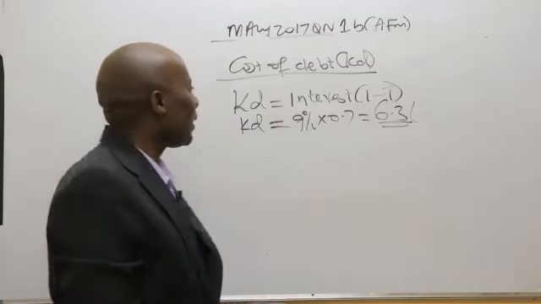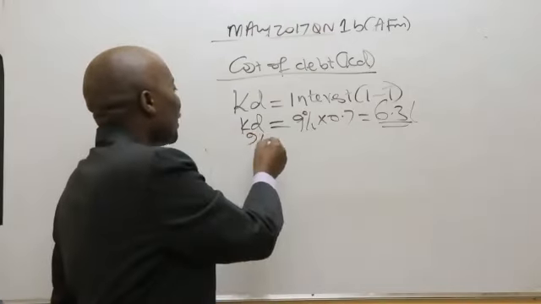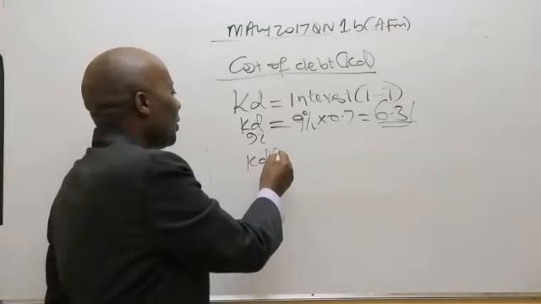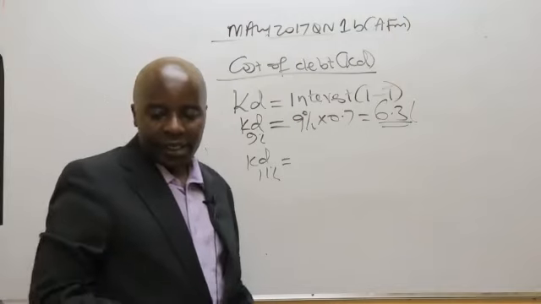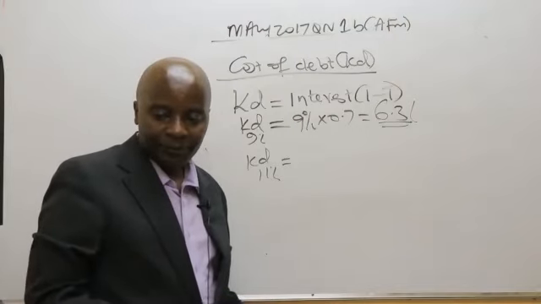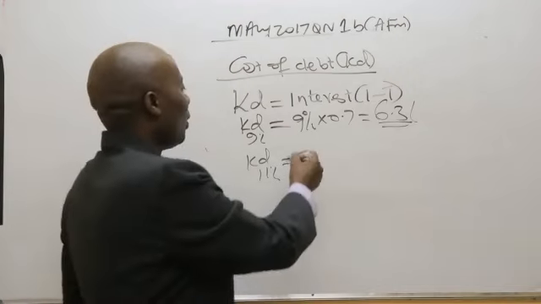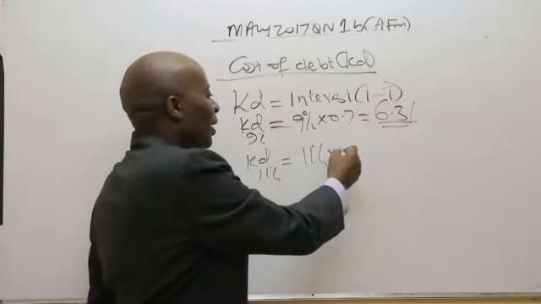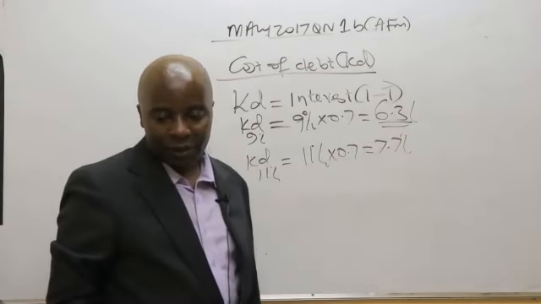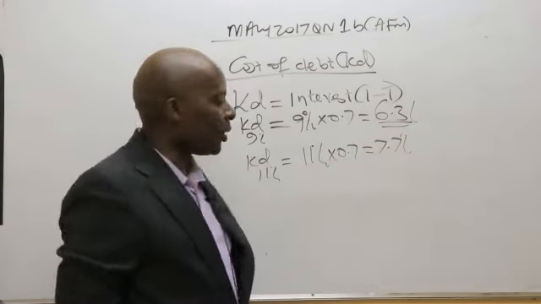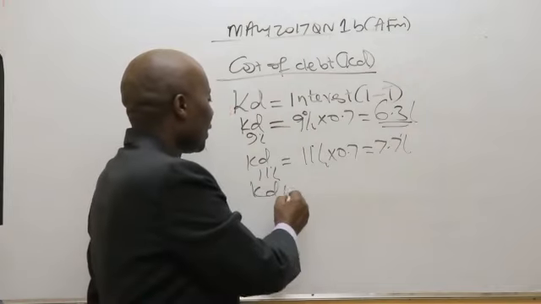So ladies and gentlemen, if that is the case, could you kindly give me the KD of the 11% using the shortcut? KD of 11% will take the 11% given times 0.7, which gives me 7.7%. And then, ladies and gentlemen, we have KD 13%.